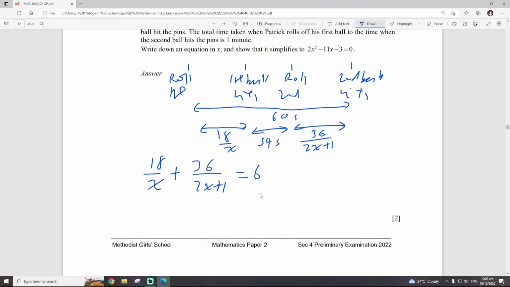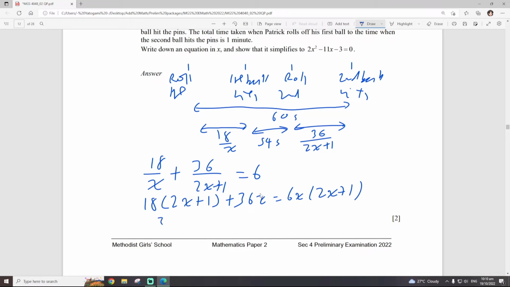equals 6. Then we cross multiply so that we get 18 times 2x plus 1 plus 36x equals 6x times 2x plus 1, no division here.